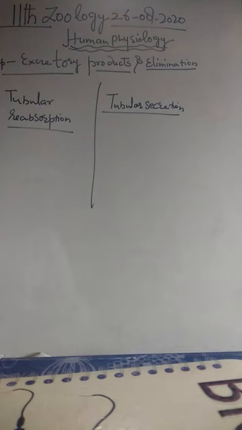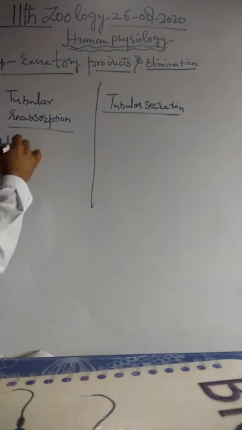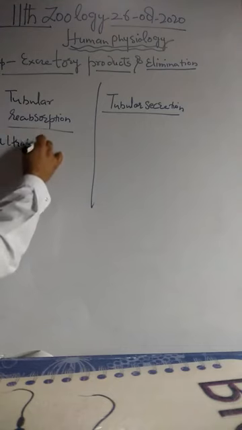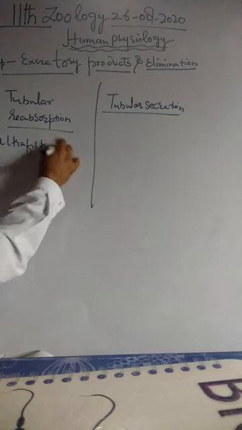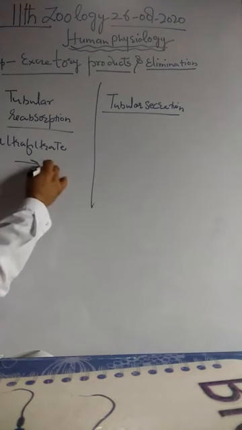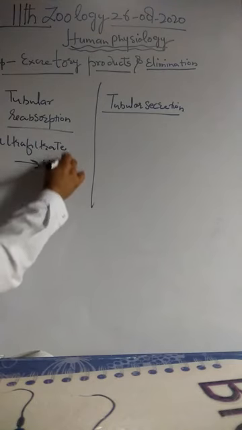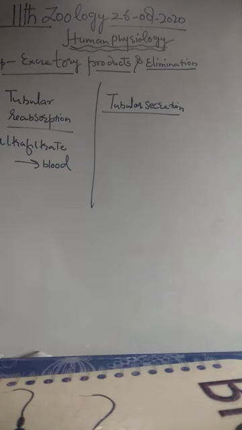Tubular reabsorption refers to the passage of selected materials from the ultrafiltrate into the blood. Ultrafiltrate to blood. This is tubular reabsorption.